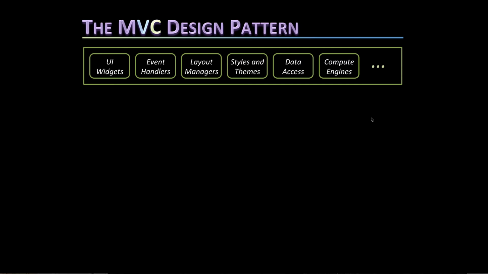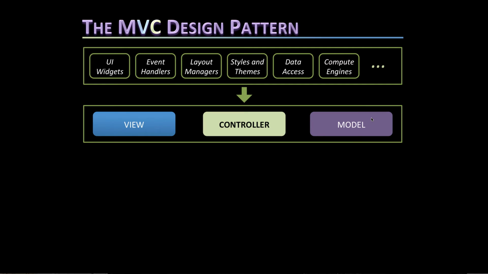we would like to adopt the so-called MVC architectural design pattern, which organizes these components in three categories: model, view, and controller, hence the acronym MVC. The view is responsible for interacting with the user.